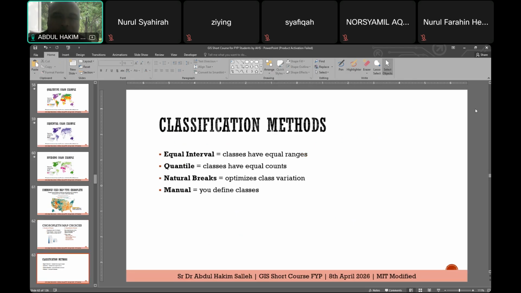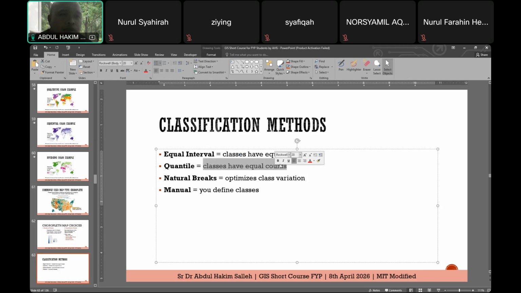I hope so. Right. Next is the classification methods. Oh yeah, just now I explained to you about this. The quantile is classes that have equal counts. Let's say there are 5 classes.